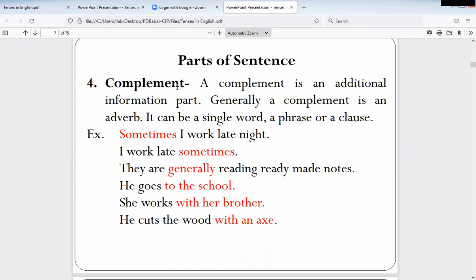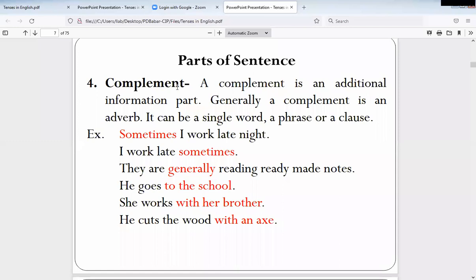Okay, so are is the auxiliary verb, reading is the main verb, and generally is the adverb which is used in between them. Okay, so keep in mind, adverb is the word which we can use at any position in a sentence, but we should know some adverbs for the speaking purpose. Okay, let's see the next example.